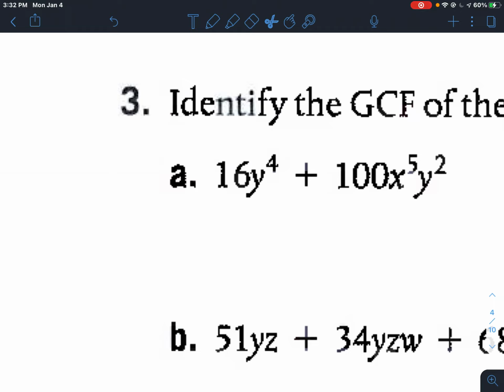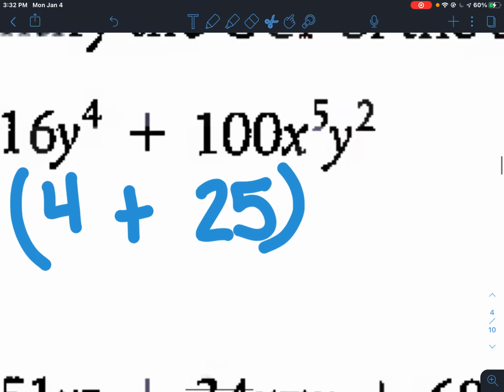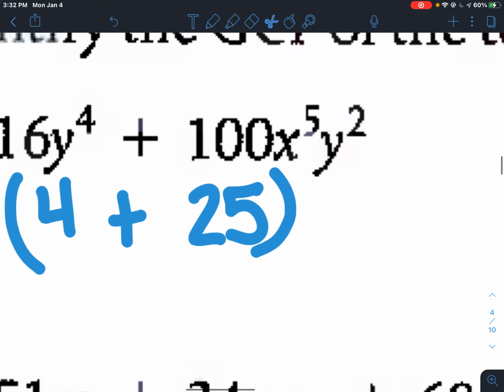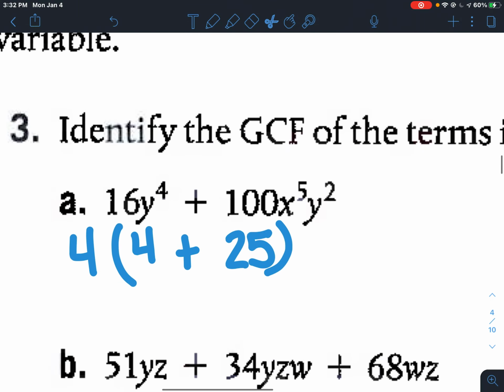I'm not going to walk you through my guess and check. If you need me to, jump on Zoom and I can walk you through how I factor these out. But it's 4. 16 divided by 4, what's left is 4. 100 divided by 4, what's left is 25. Okay, so I'm factoring out a 4.